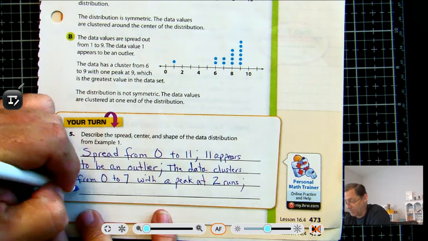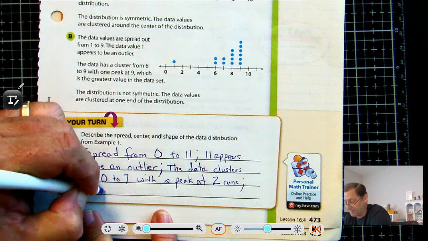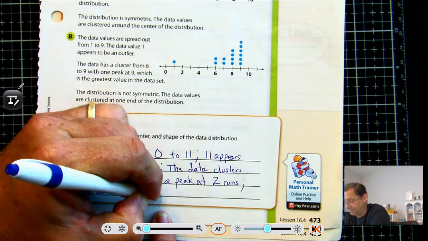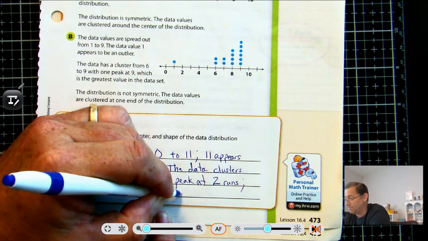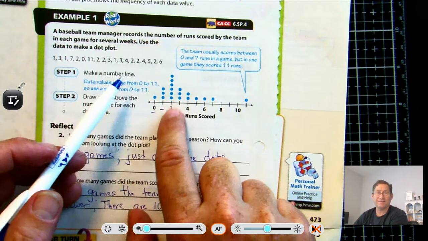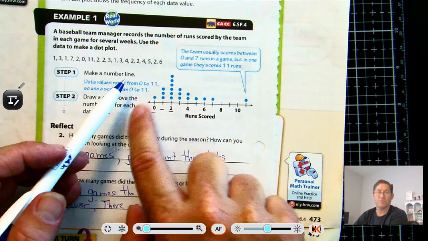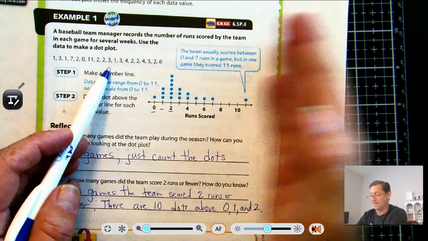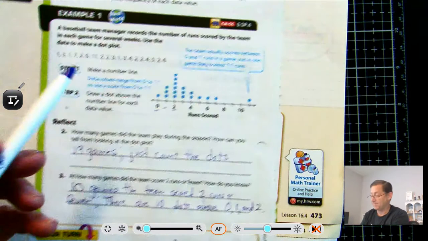And it was not symmetrical. The data is not symmetric. Okay, again, if it was symmetric, we might have this 2 here, and then it would have equal amounts on both sides. But there are more numbers to the right of 2 than there are to the left.